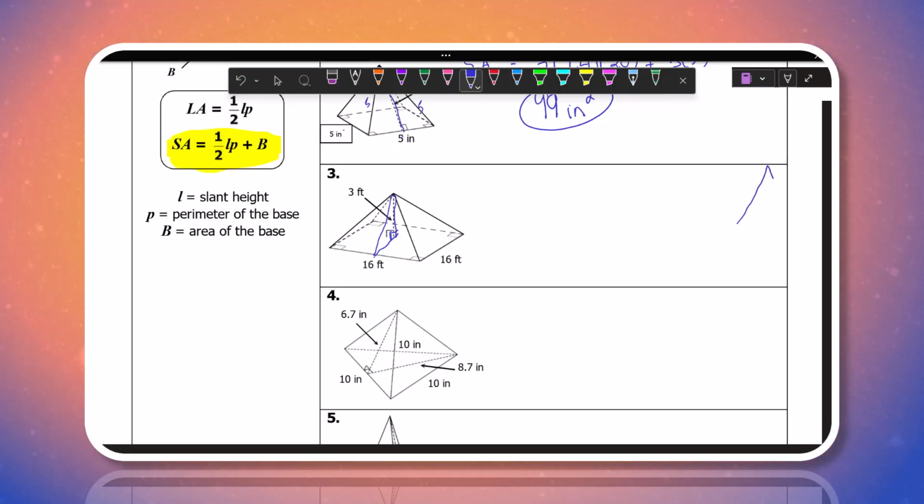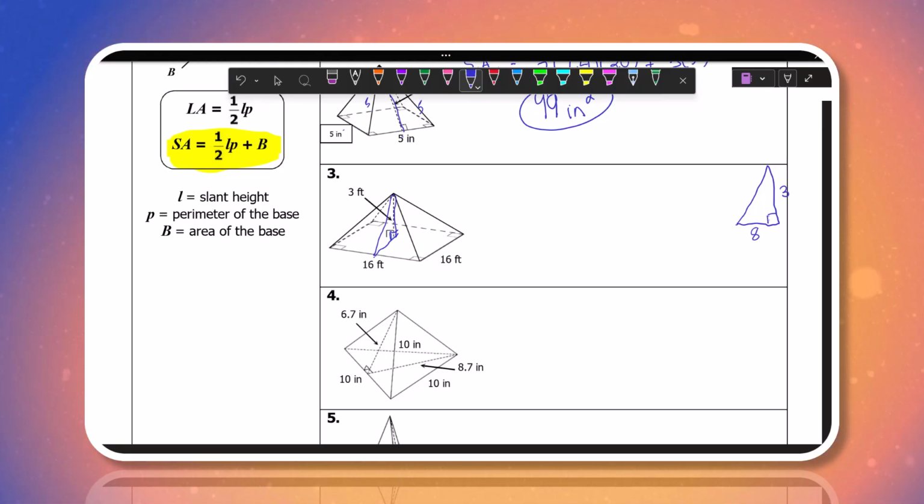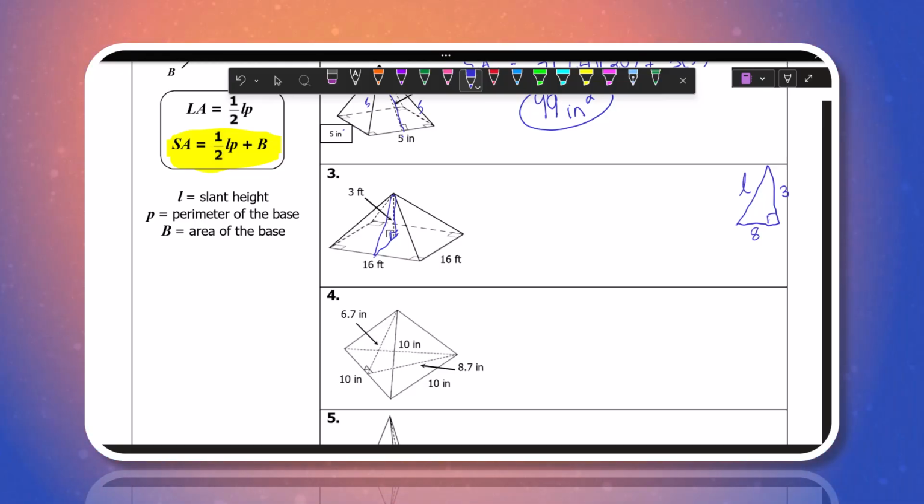So if we were to redraw that from a 2D standpoint, it looks like that. And since the side is 16, this would be 8. The height is 3. And we want to find the slant height, which is our hypotenuse.